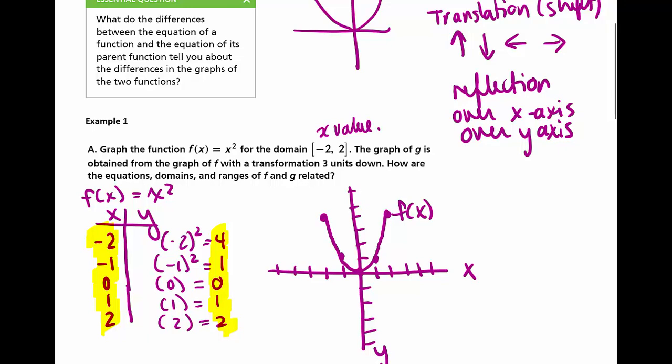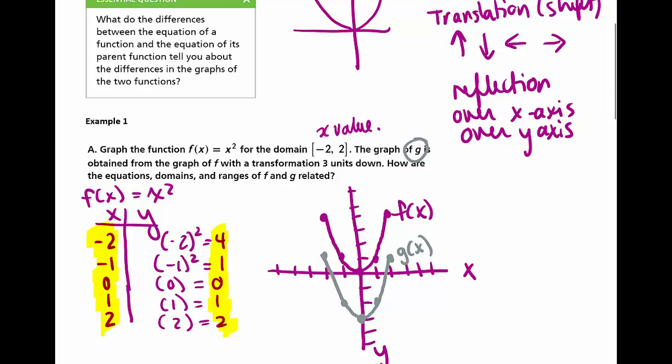And we're going to take each point and move it down by 3. It doesn't matter which one you start at. And this is called g of x. So we have both graphs.